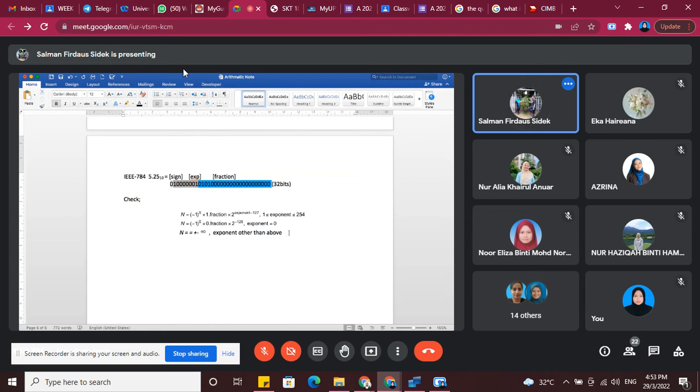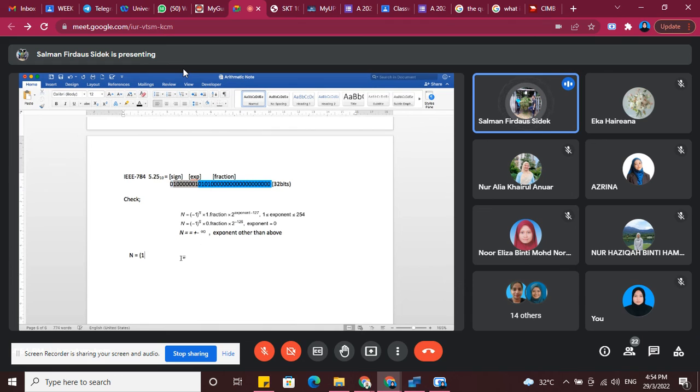So we take this here, if the exponent is between 1 and 254, the rule is here. So if the exponent is between 1 and 254, we use this formula. Now our exponent is 129, the gray one is the exponent. So we use the first formula to get back the decimal value.